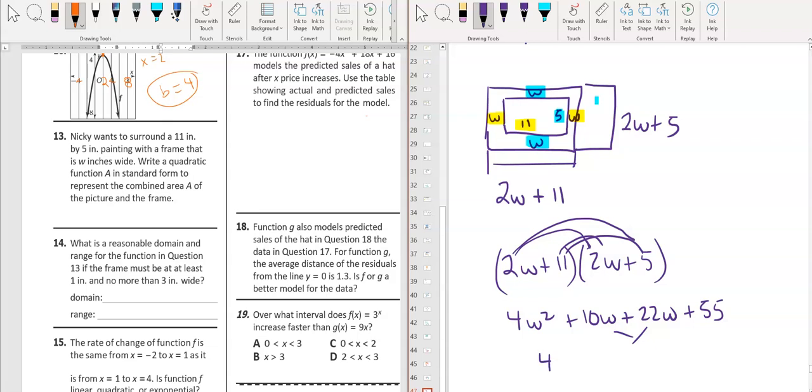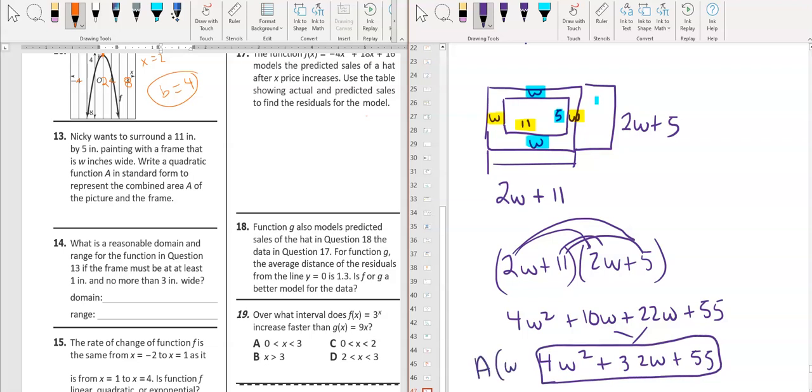Put these middles together and you get 4W squared plus 32W plus 55, and it is in standard form. Okay? The function of the area of W is 4W squared plus 32W plus 55.